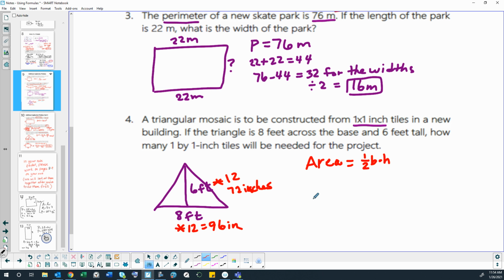So in this case, we have a base of 96 inches, and we have a height of 72 inches, and then the half can be accomplished just by dividing by 2. So 96 times 72, I'm going to need a calculator for this one.